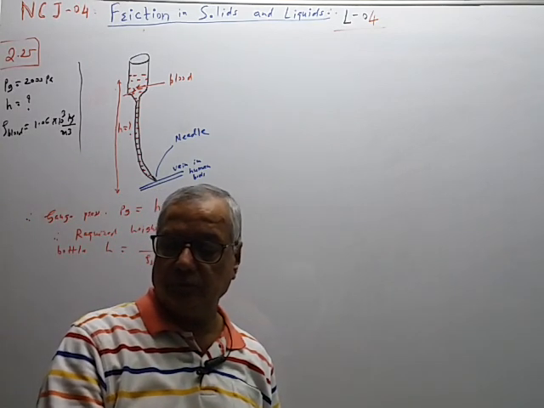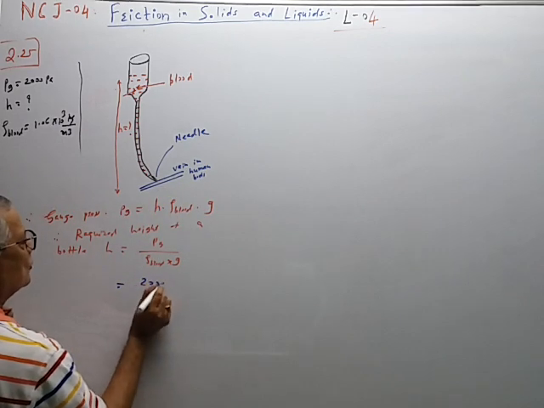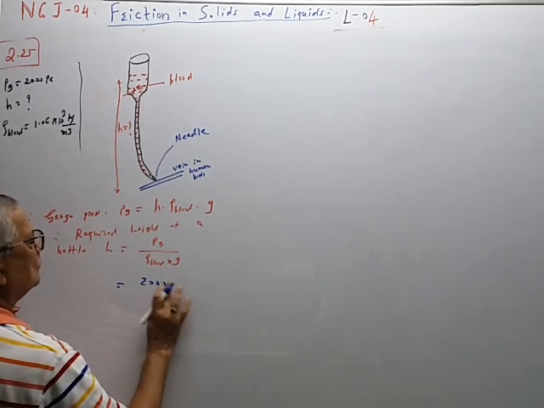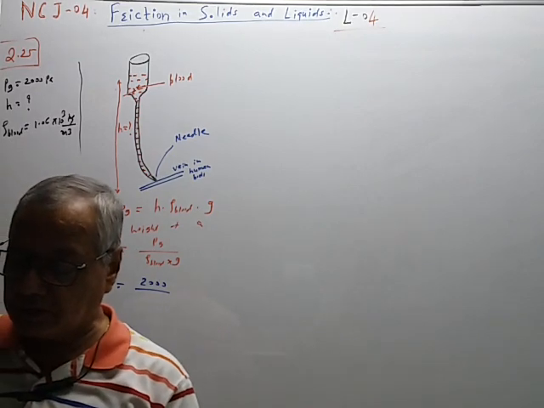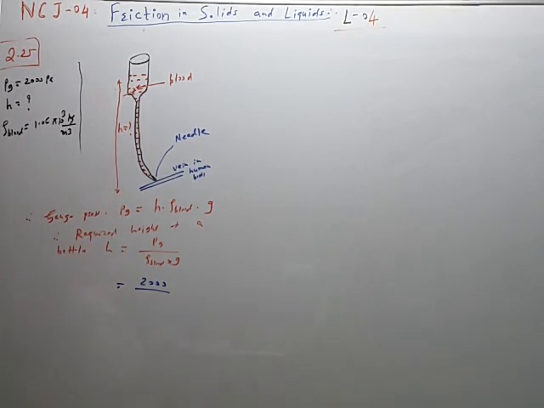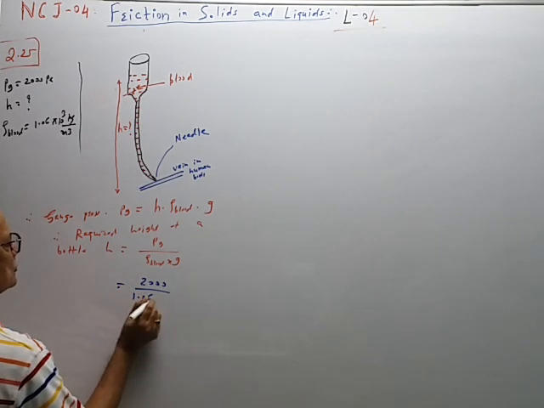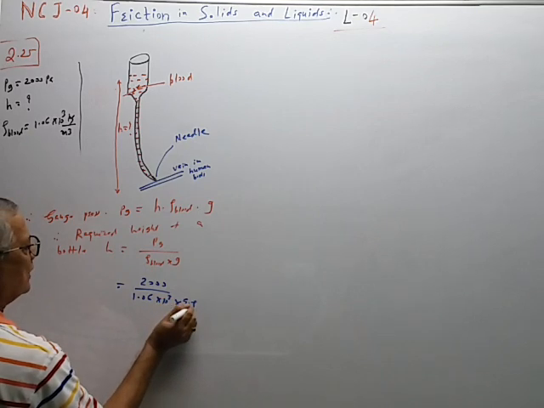Substitute. So this pressure is equal to 2000 Pascal, that is Newton per meter square. 1 Pascal is equal to 1 Newton per meter square. Rho blood is equal to 1.06 into 10 raised to 3 multiplied by 9.8.